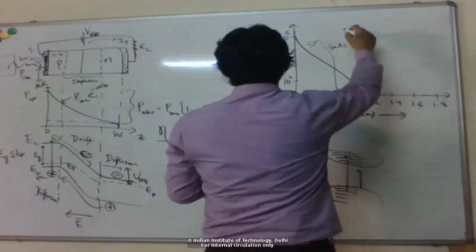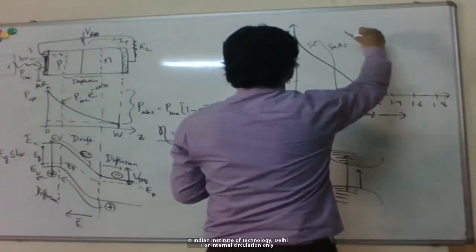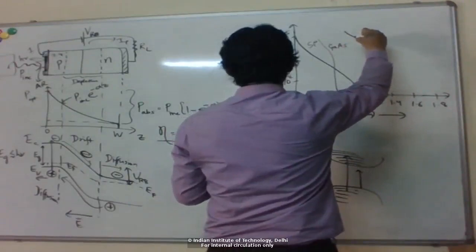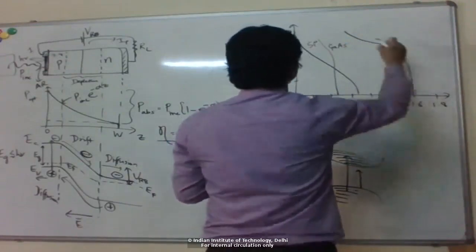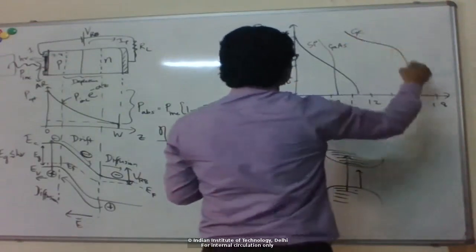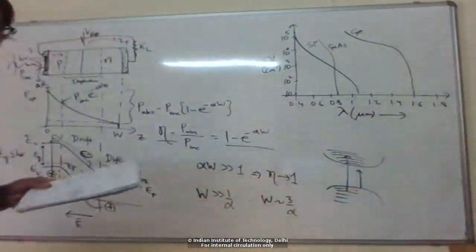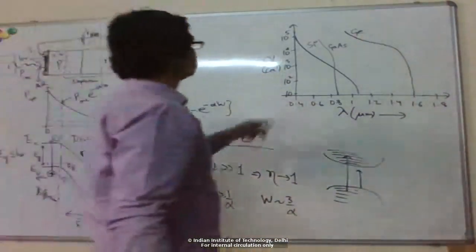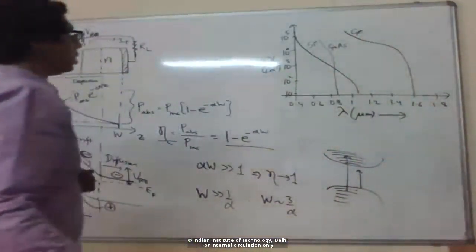One popular detector material for infrared wavelengths is germanium, one row below silicon in the periodic table. There you can go up to roughly 1.6 micron. Germanium has a band gap of 0.8 electron volts, so you can go to longer wavelengths.